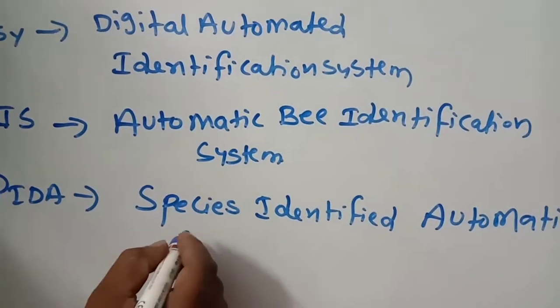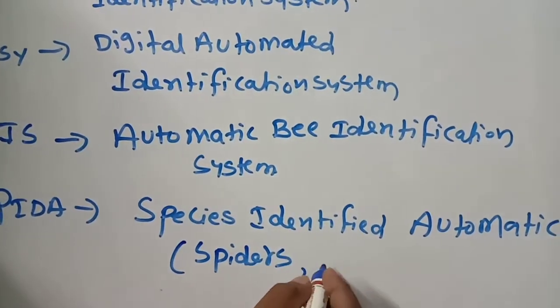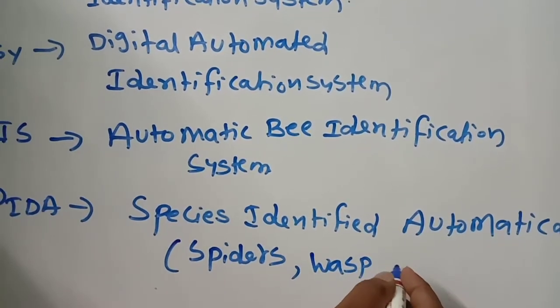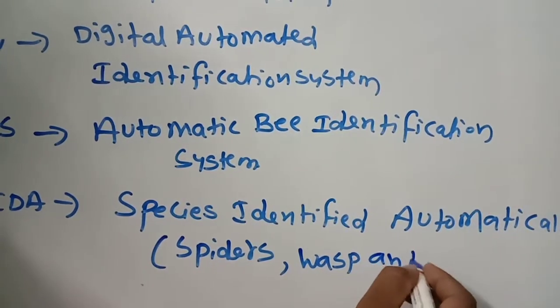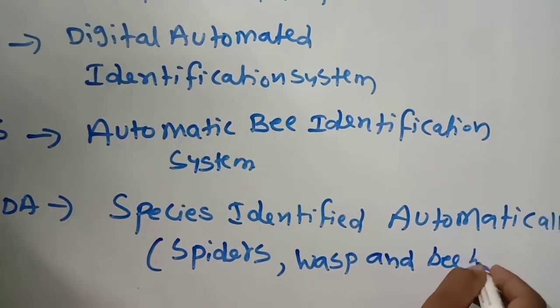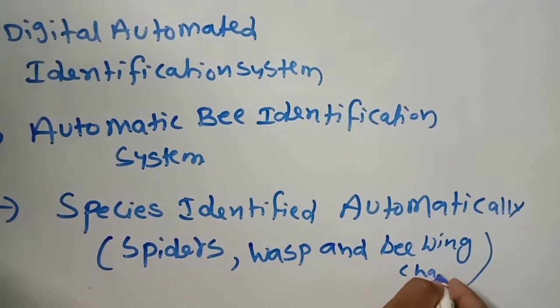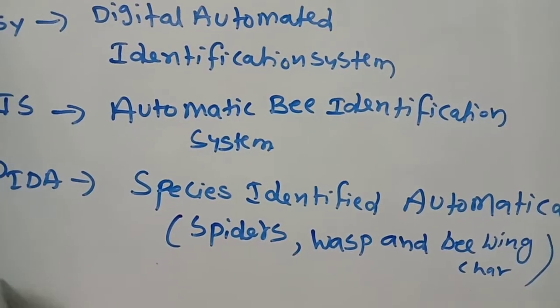Like what? Spiders, wasp, and bee wing characters. These all you have to remember. Bee wing characters. Okay. The next one, DRAWING.